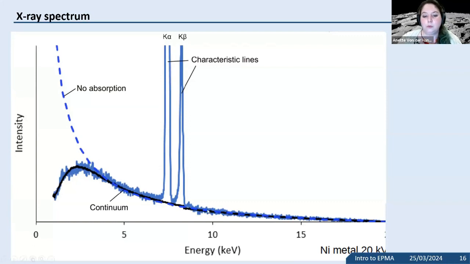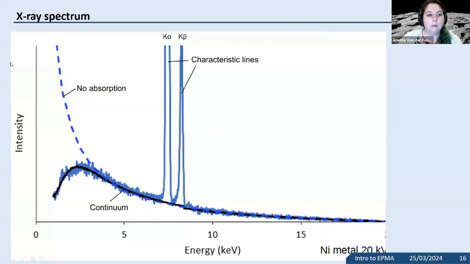We call this spot where the intensities go down to zero the so-called Duane-Hunt limit. And it's a quite useful tool to also determine if charging is a problem during analysis. Okay, so our X-ray spectrum goes to 20 if we run it at 20. If we run the instrument at 15 kV, it should stop at 15 kV and so on.